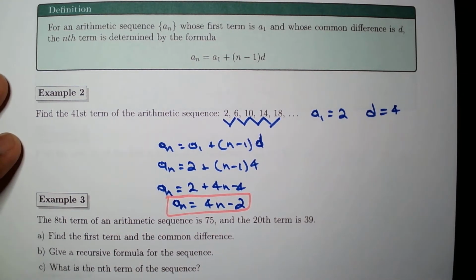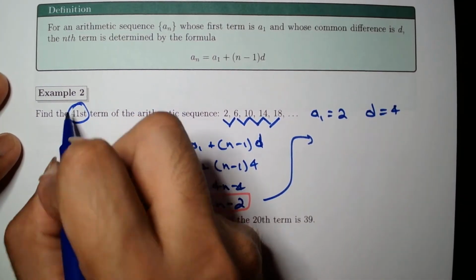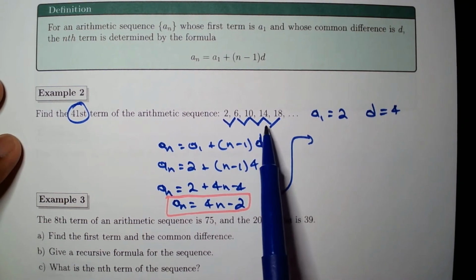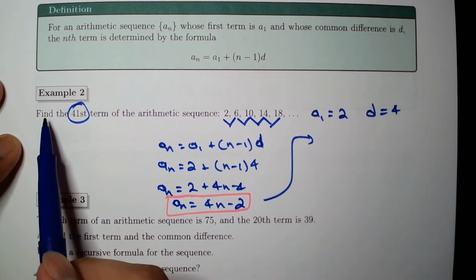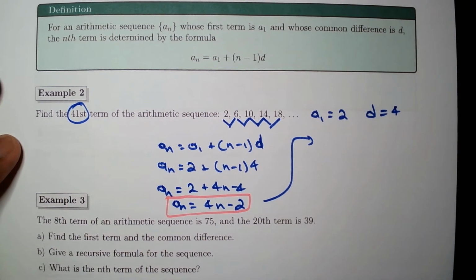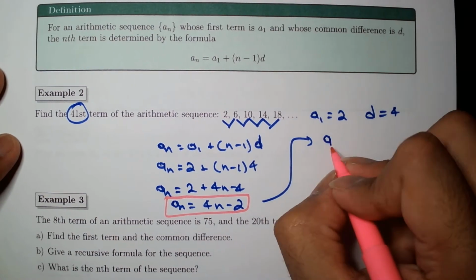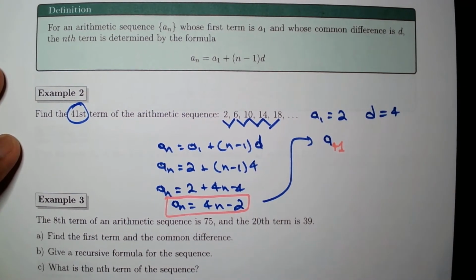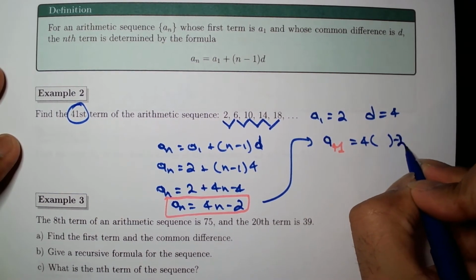We're going to use this expression to find the 41st term of the sequence. You don't want to keep adding 4 plus 4 plus 4 all the way to the 41st term. So we use this formula: a sub 41 equals 4 times 41 minus 2.